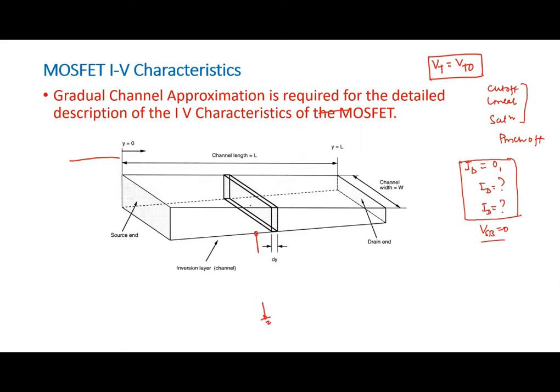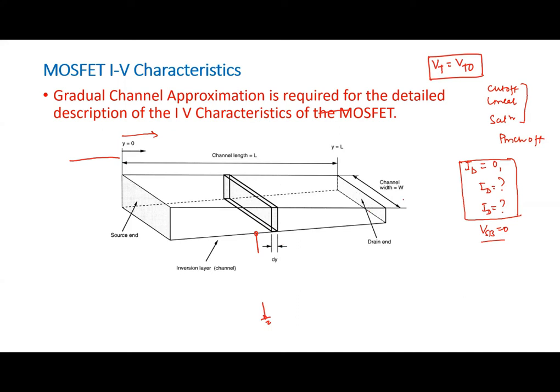So here you can see the electric field, because of drain voltage, is in this direction, and this is your channel length. The technique which we are using is called gradual channel approximation, and we are taking a very small element dy.